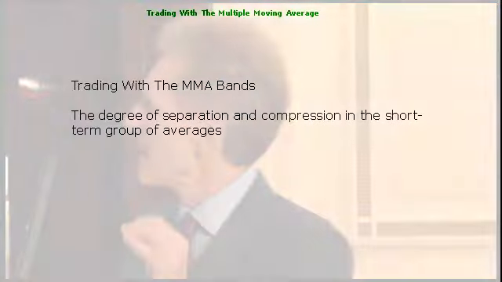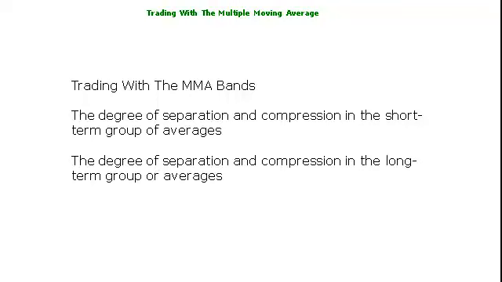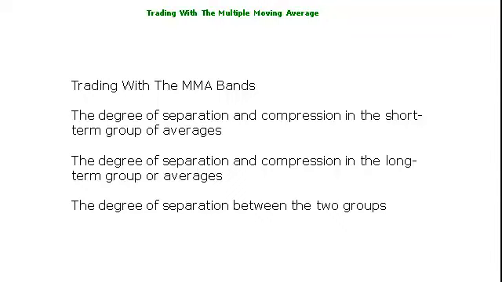We're looking for separation and compression in the short-term group of averages, i.e. what the traders are doing, what the investors are doing, and then finally we're looking at the degree of separation between the two groups. Because when you've got a healthy trend in action, you've got the two groups pretty much separated, as we'll see.